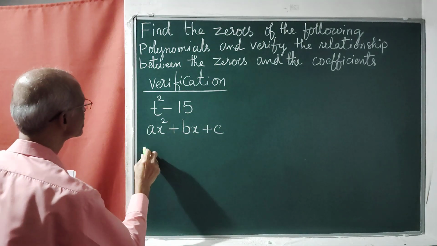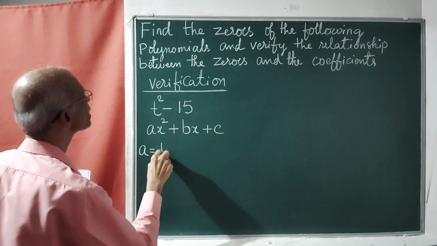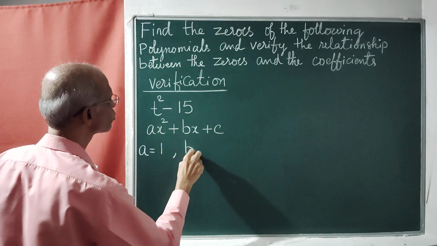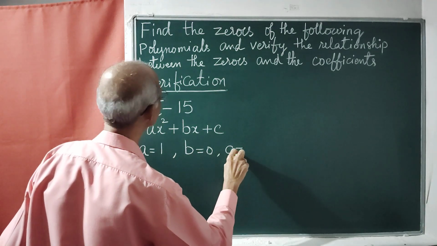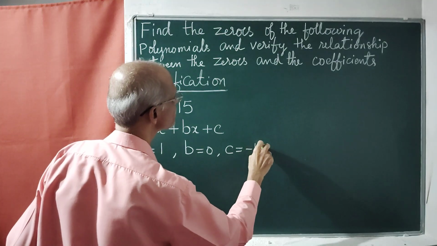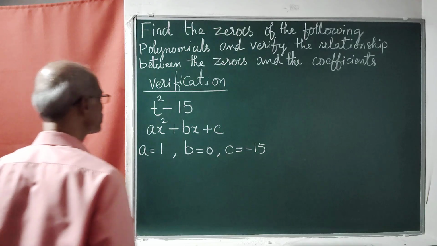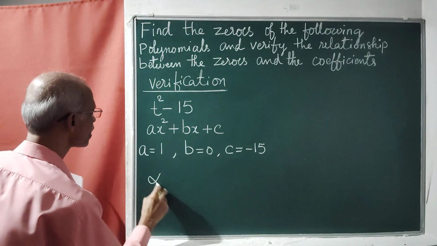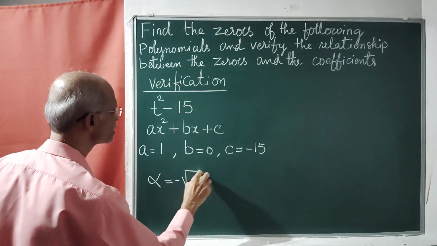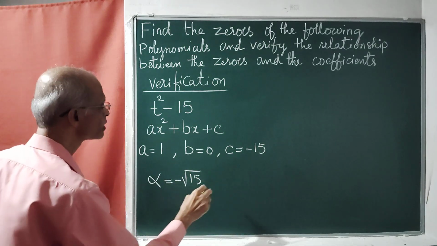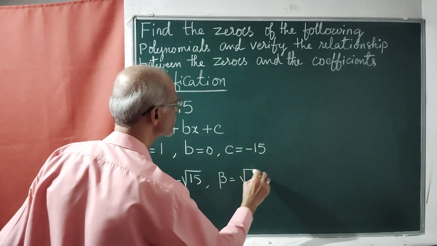When we compare it, a will be equal to 1, b will be equal to 0, c will be equal to minus 15. Now the zeros, alpha is equal to minus root 15 and beta is equal to root 15.